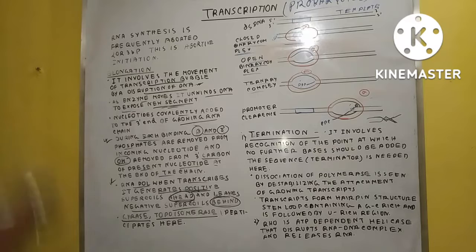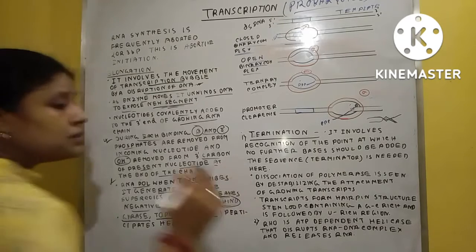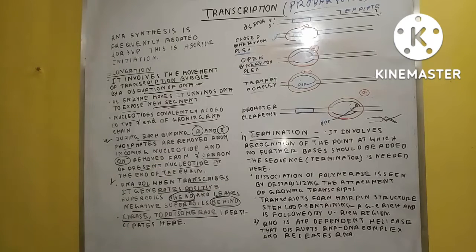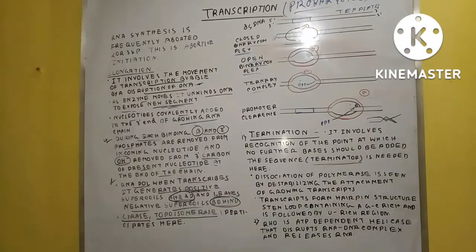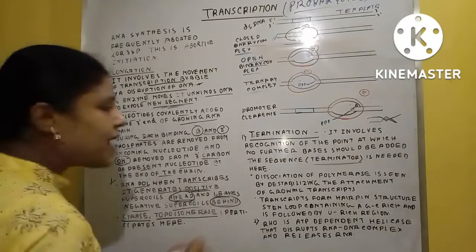After continuing this elongation process, what happens? Some sequences present on the DNA say that transcription must be stopped here. These are called the terminators. This sequence is very important to stop the transcription process. What happens here?